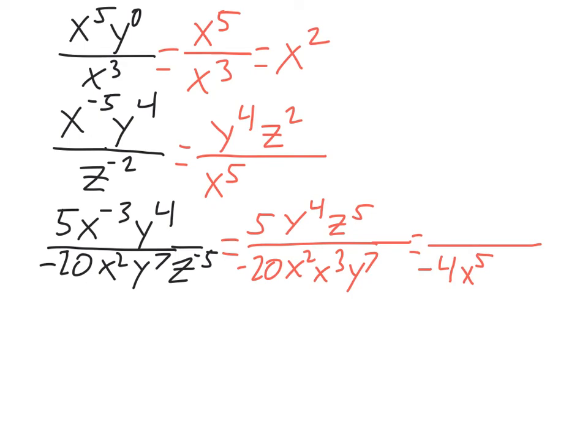Subtract the exponents. 4 minus 7 is a negative 3. Since it's negative, it goes down bottom. So y to the 3, or y cubed. And then z to the fifth, no other z's, completely alone, stays z to the fifth.